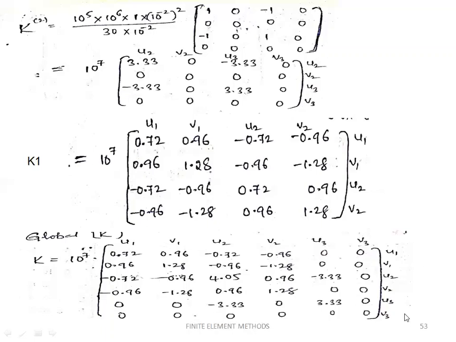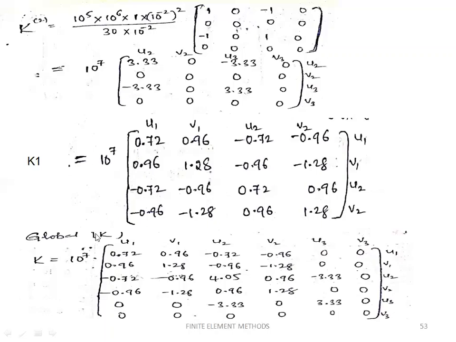Once you know the size is 6 by 6, then you should construct a grid and give the row numbers and column numbers. The row numbers are given like this: the first nodal displacements are u1 and v1, the second nodal displacements are u2, v2, and the third nodal displacements are u3, v3. So these are the 6 rows.